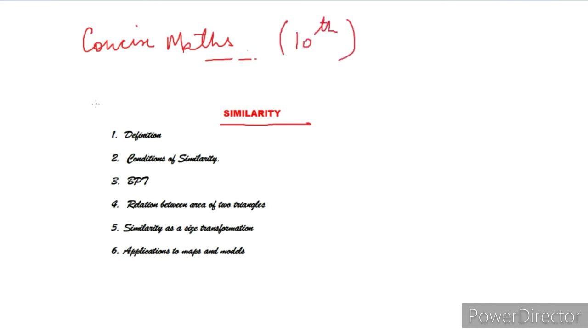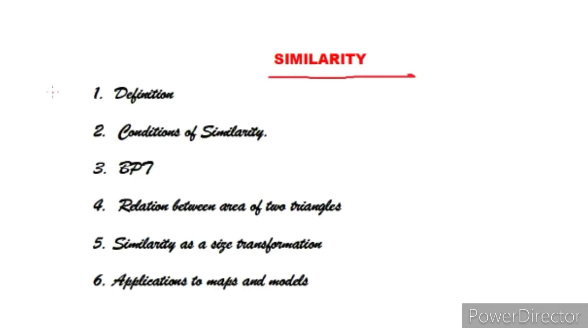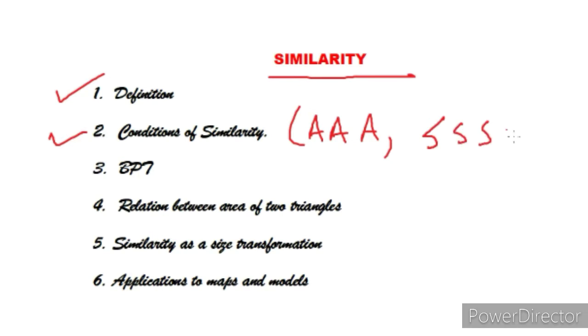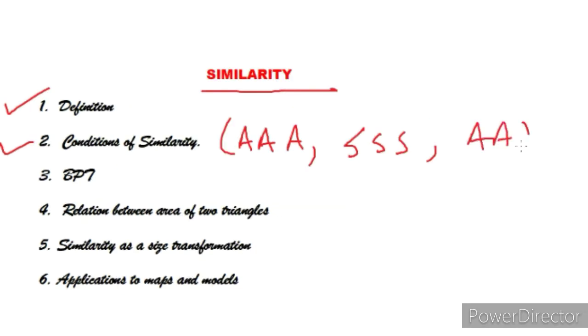So first of all, students, what has been included and what has been removed? First of all, the definition part, surely we are going to do. Then conditions of similarity, as you know, we will be discussing AAA, SSS, and AA also, etc. These are included, and the questions based upon these will also be included.